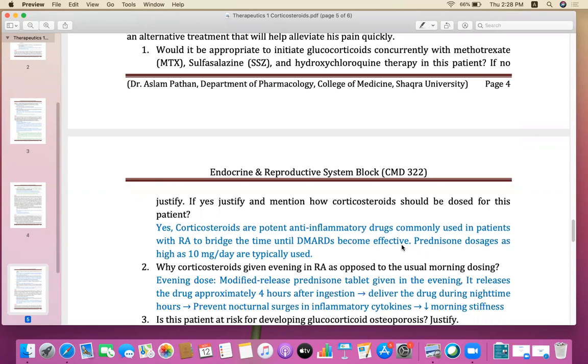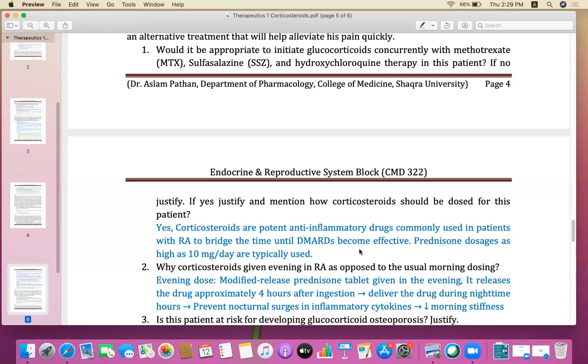Now, what is DMARDs? What is the long form of DMARDs? Disease modifying anti rheumatic drugs. Now, what is the bridge time? These DMARDs are methotrexate, sulfasalazine, and hydroxychloroquine.